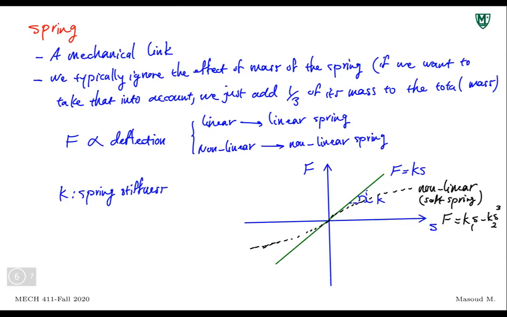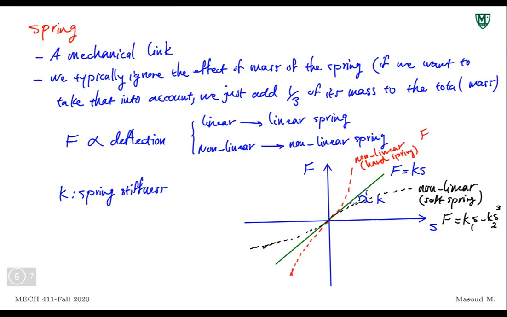The farther we get from the equilibrium point, or the zero tension or deflection, the easier it gets to stretch the spring. The opposite is true too. If I have this type of spring, this is also a nonlinear spring, but it's a hard spring.